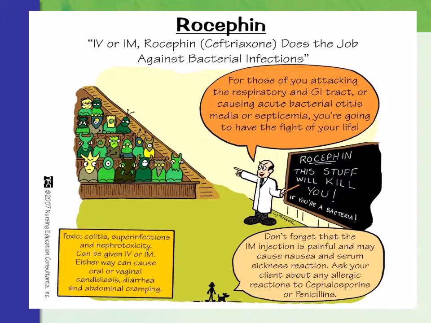In terms of Rocephin, sometimes they use it for surgical prophylaxis. It's usually given within 60 minutes before the first incision, so it gives the patient time to have serum concentrations reached. It shows you the trade name there, Rocephin, but it's ceftriaxone, which is the generic name.